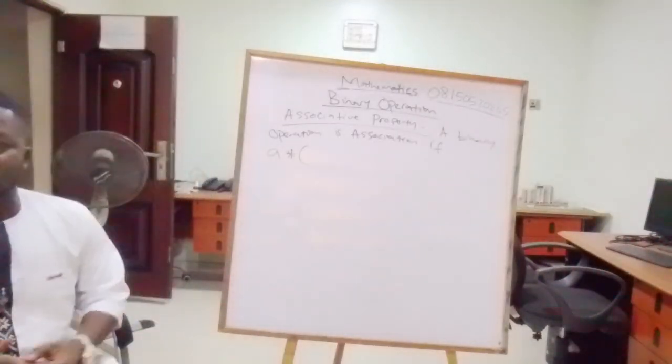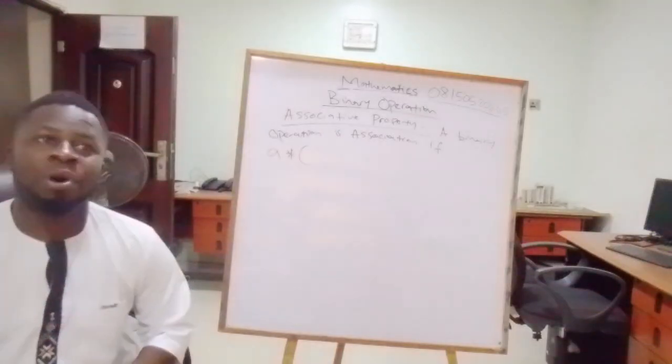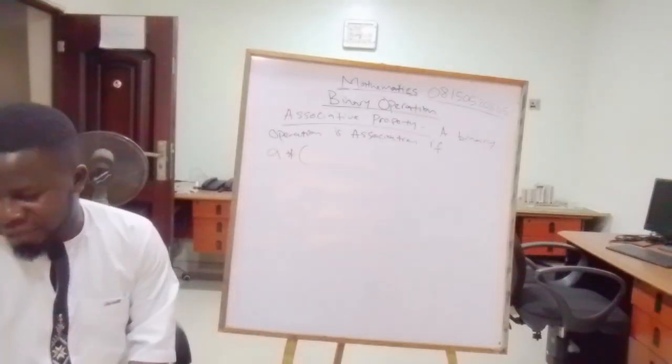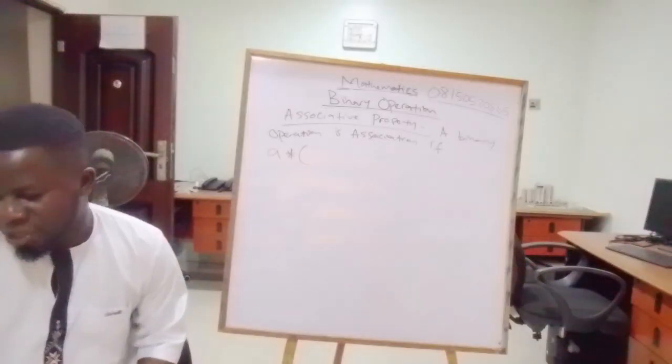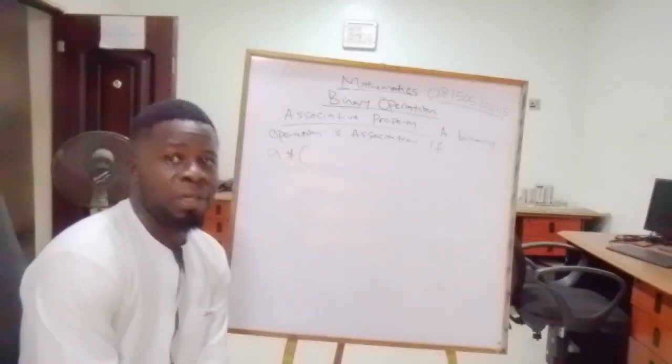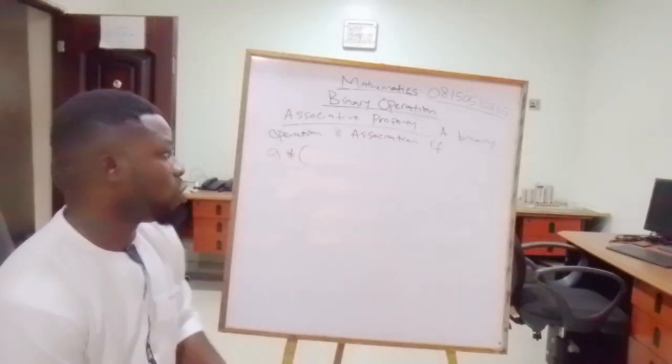There's one called associative, there's one called distributive. The difference between associative and distributive is that associative involves one operation, distributive involves two operations.